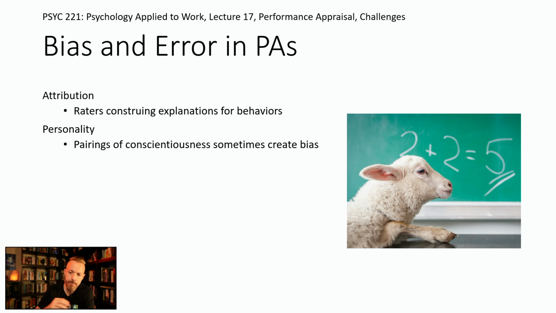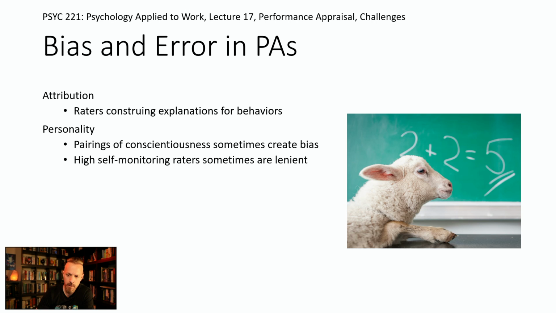So personality is definitely a factor, and we won't get into what high self-monitoring is, that's just another framework in personality. But there has been some literature showing that certain types of personalities have a tendency to rate people differently.